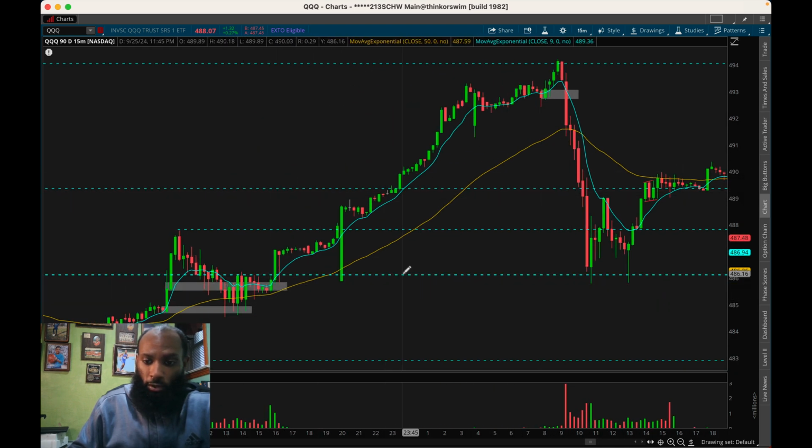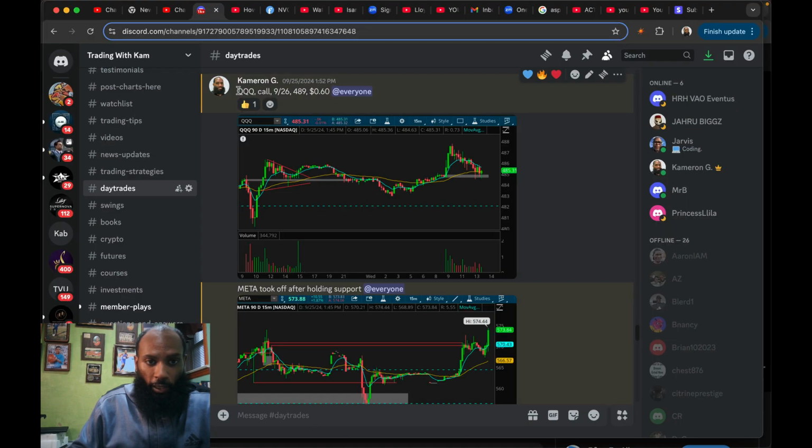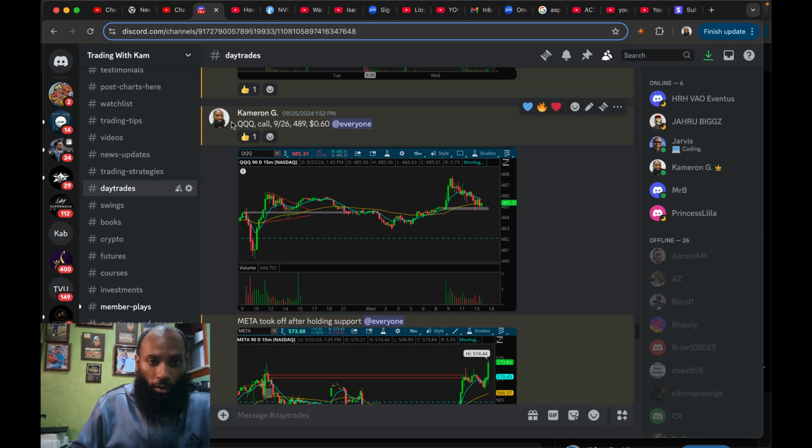All right. So we actually have receipts on this trade. We have the Discord. This is what it looks like to get that buy signal for 60 cents on QQQ call options with this expiration date and this strike. All right. So we teach you how to follow these options, how to find them and execute on these plays.